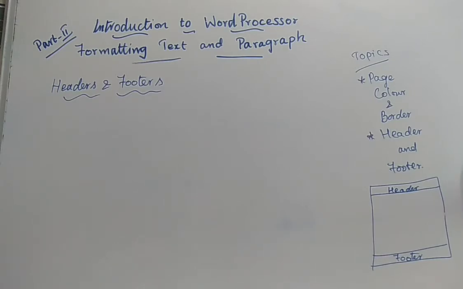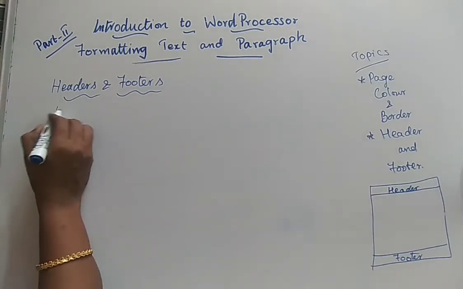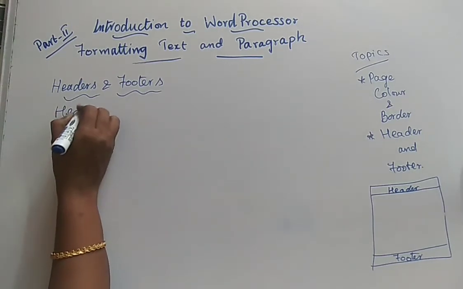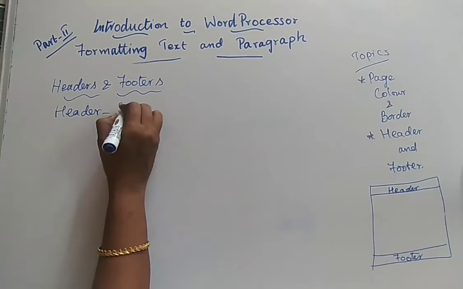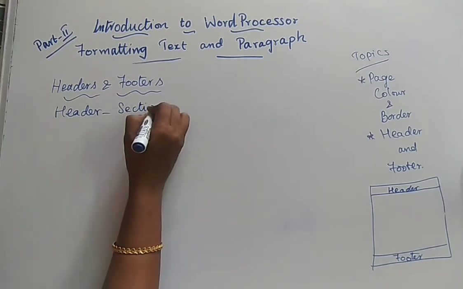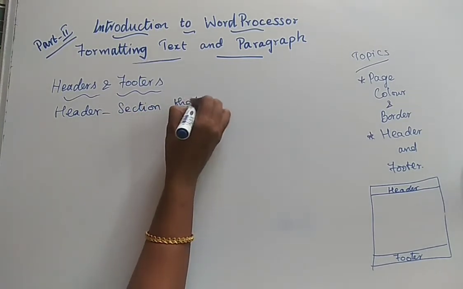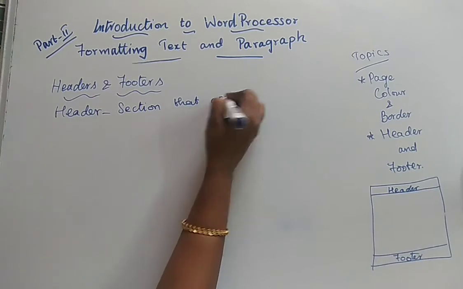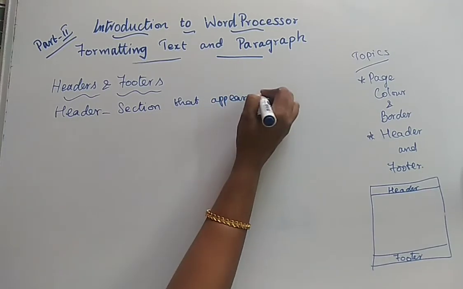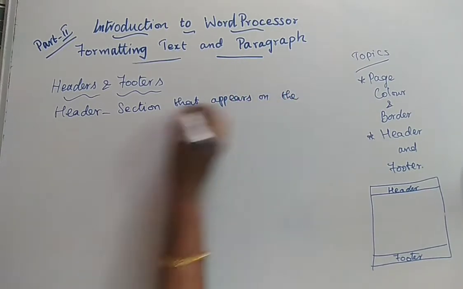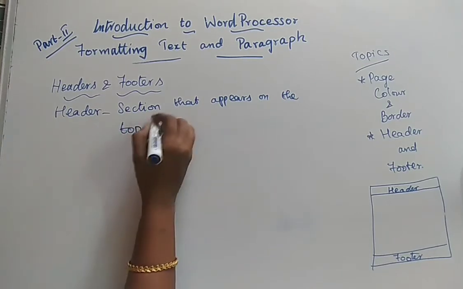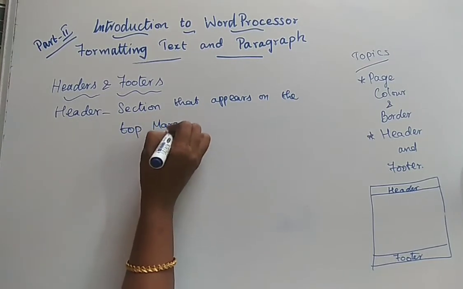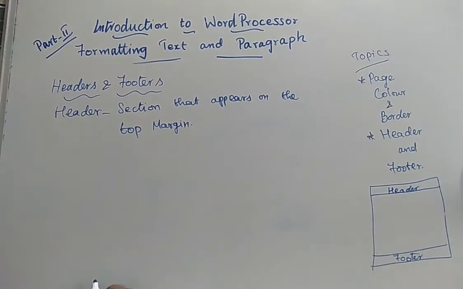Yes, it is a section of the document that appears in the top margin. So what is a header? It is a section of the document that appears on the top margin. Top margin, that is your header.